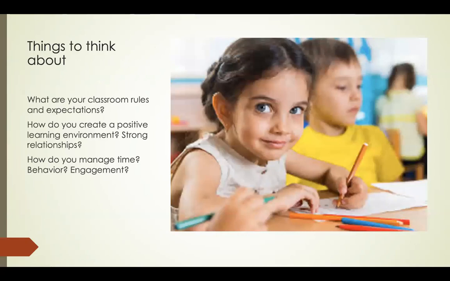So things to think about as you move forward is just think about what are your classroom rules and expectations, and are you making those clear for the children? How do you create that positive learning environment for them? How are you helping them establish those strong relationships with each other and yourself? And going along with that, classroom rules and expectations, how are you managing your time and their behavior and engagement?